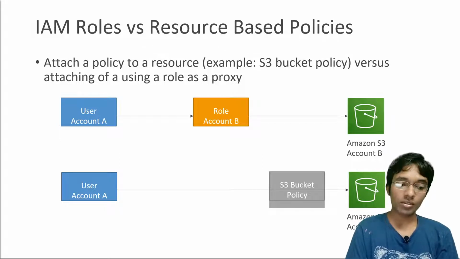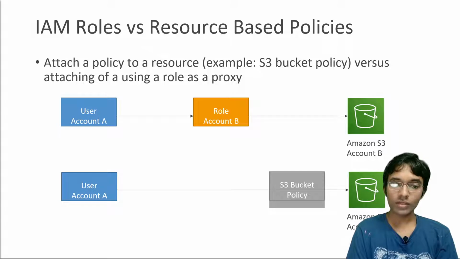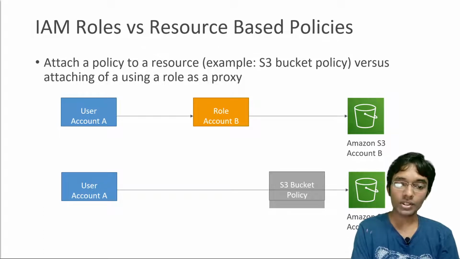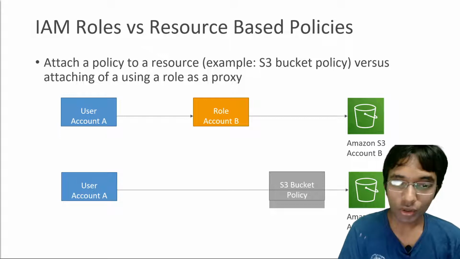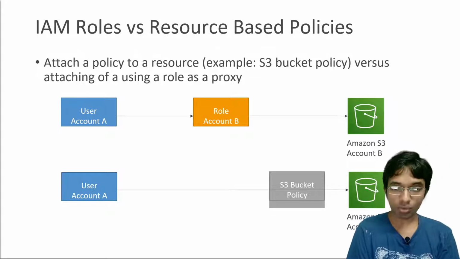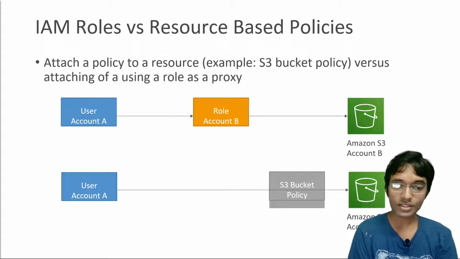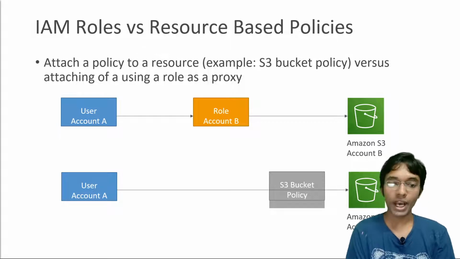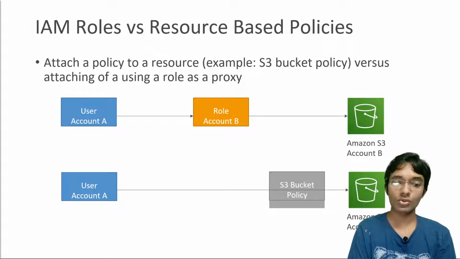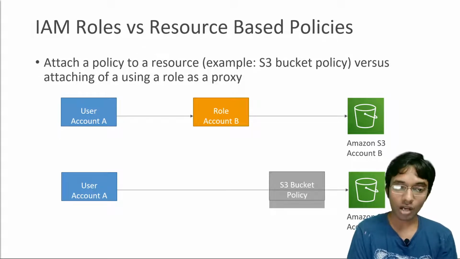Another option is to use an S3 bucket policy, where we say that the user in account A can access my Amazon S3 bucket in account B. Both of these solutions allow users in account A to access the Amazon S3 bucket in account B.